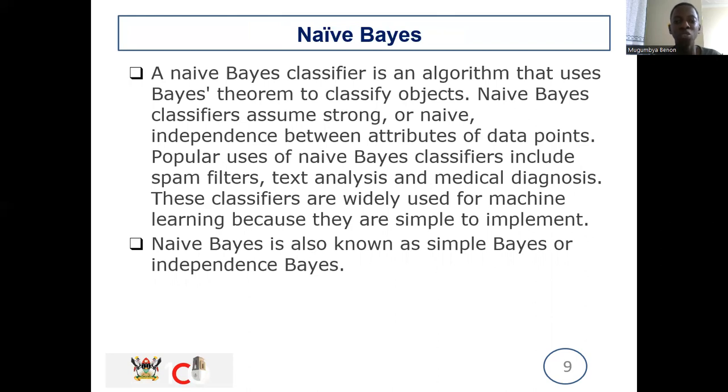Naive Bayes is usually used in spam filters, text analysis, and medical diagnosis. Naive Bayes can also be called independency based, because we consider independency of the different attributes or features that we are using within the process of machine learning.